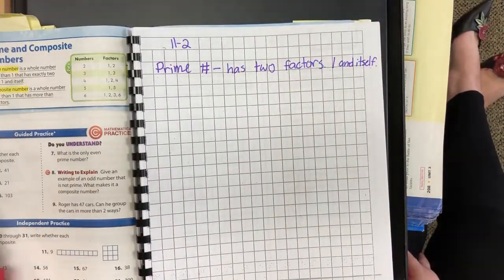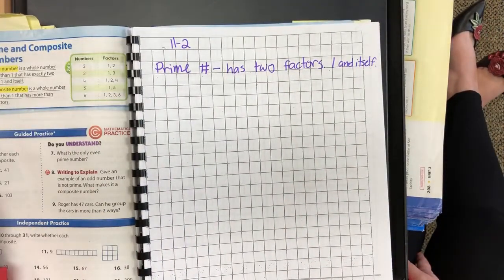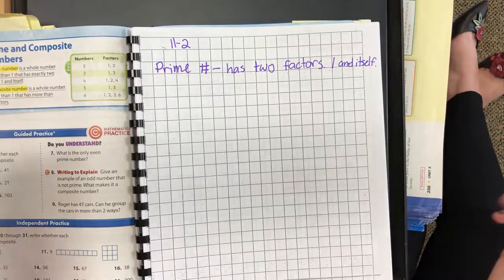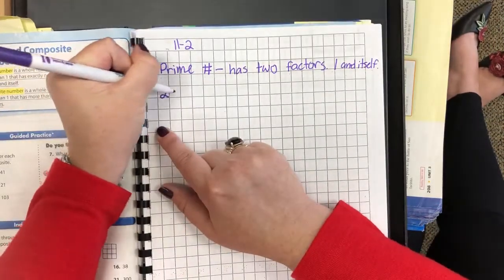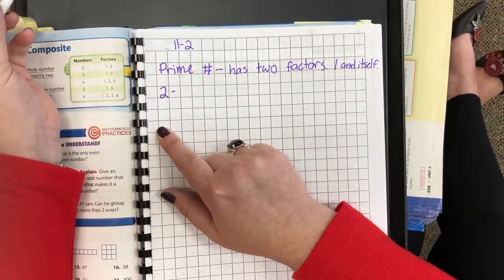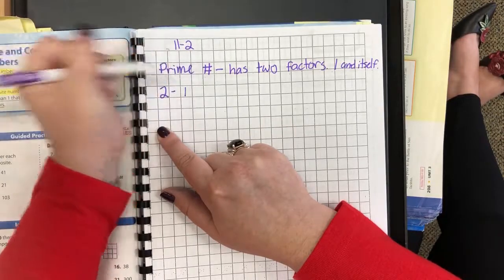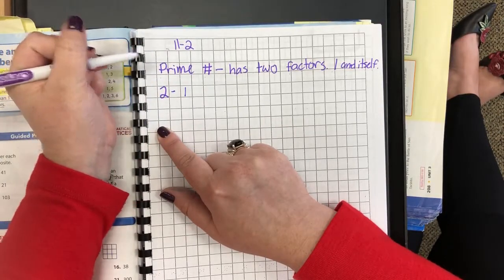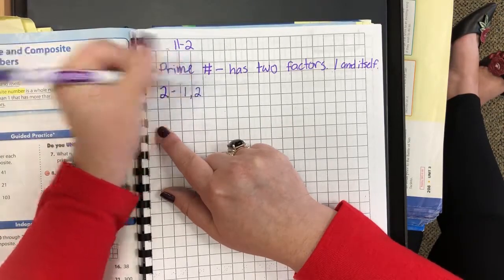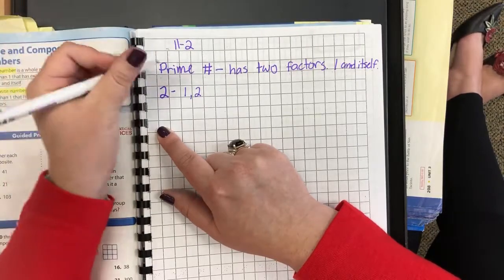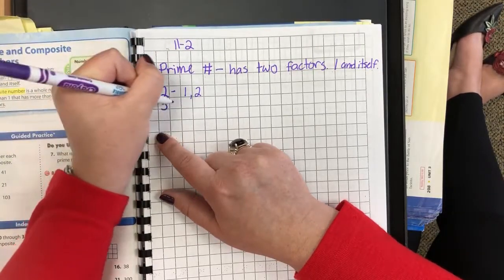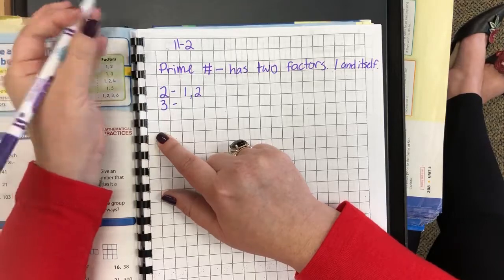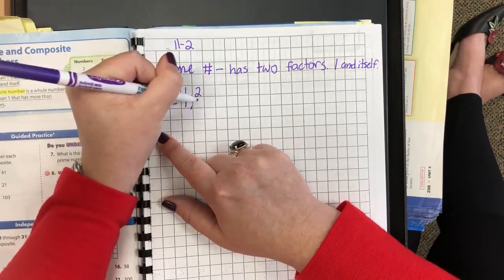Meaning the number 2. 2 is a prime number because the only numbers that it has as factors are 1 and 2. 3 is a prime number because its only factors are 1 and 3.